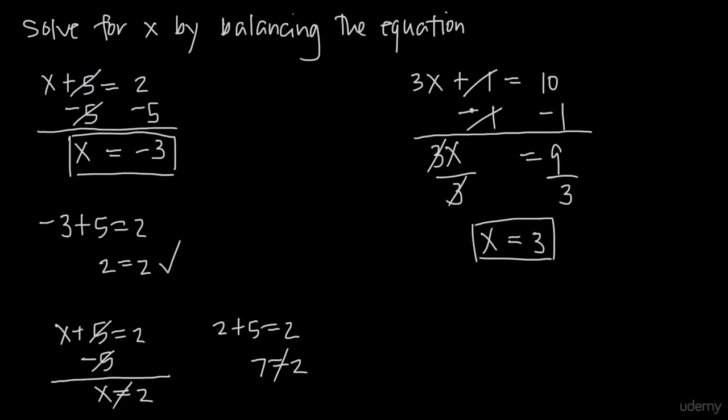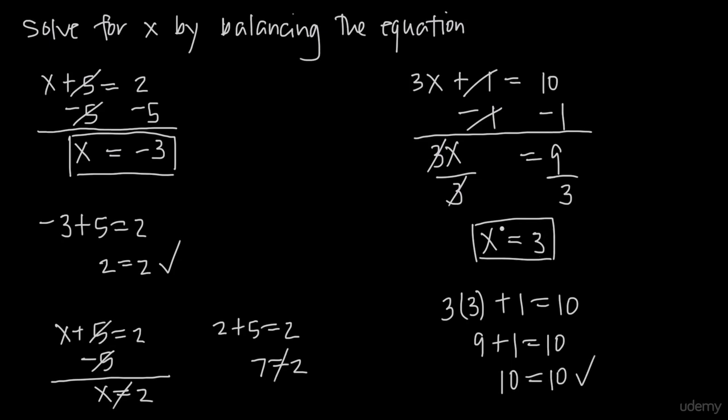And if we double check ourselves by plugging it back into our original equation, we get 3 times 3 when we plug in x equals 3 here, plus 1 is equal to 10. And if we solve this, we get 9 plus 1 is equal to 10, or just 10 is equal to 10. And because that checks out, we know we got the correct solution for x.